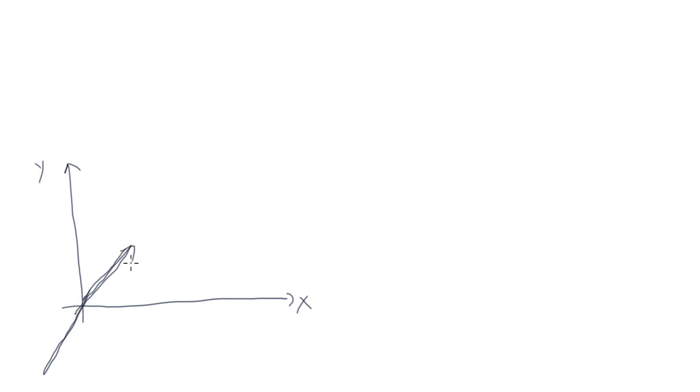Okay, so if we're working in some sort of coordinate system, say the xy plane, or this could be three-dimensional space, so we could also have a z-axis if we want to, then we can represent a vector quantity as an arrow.